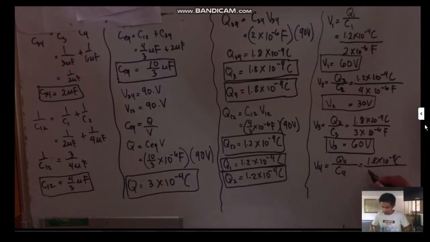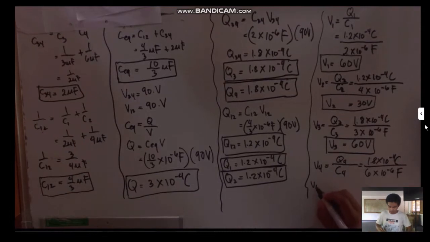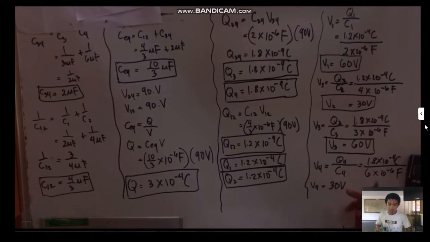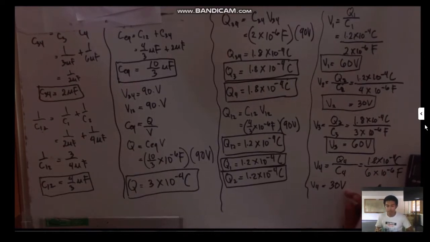C4 is 6 microfarad, or 6 times 10 to negative 6 farad. Then V4 is 30 volts.